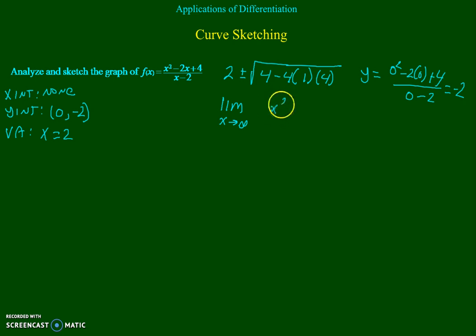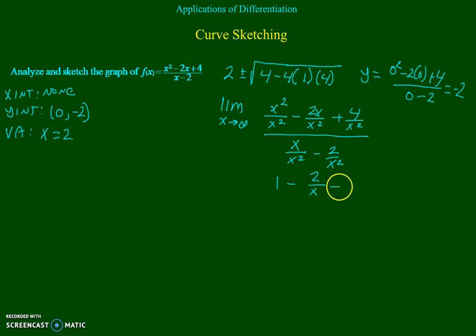If we evaluate this by direct substitution, the numerator and denominator both go to infinity, and that's not good. So x squared divided by x squared minus 2x over x squared plus 4 over x squared, and x over x squared minus 2 over x squared. This gives us 1 minus 2 over x plus 4 over x squared all over 1 over x minus 2 over x squared.